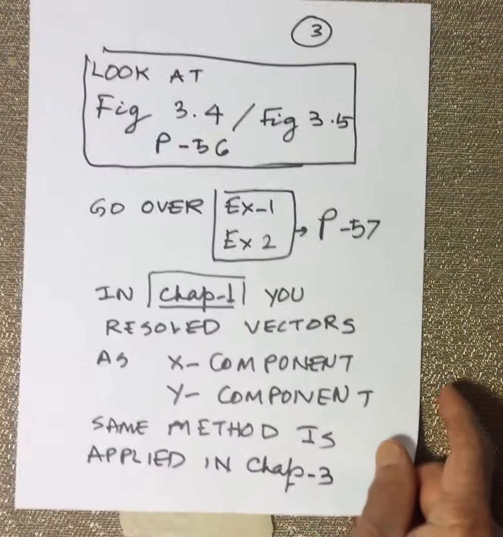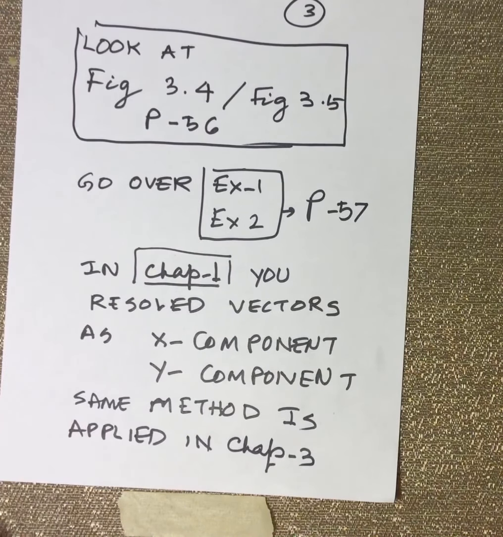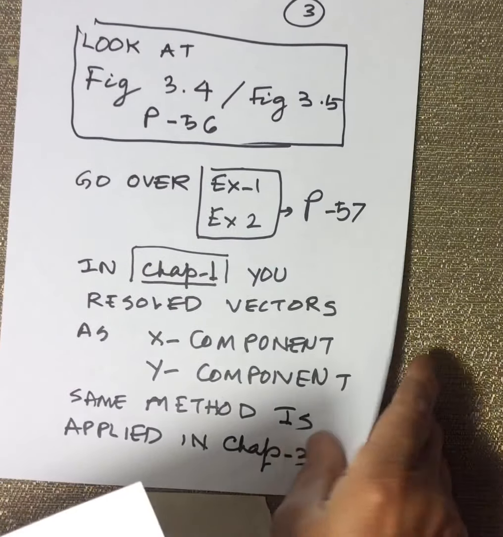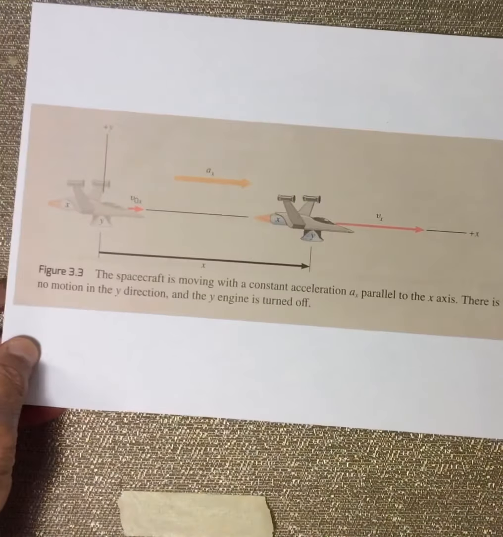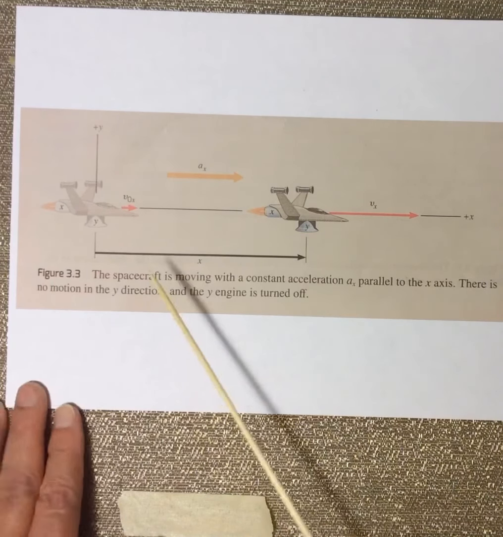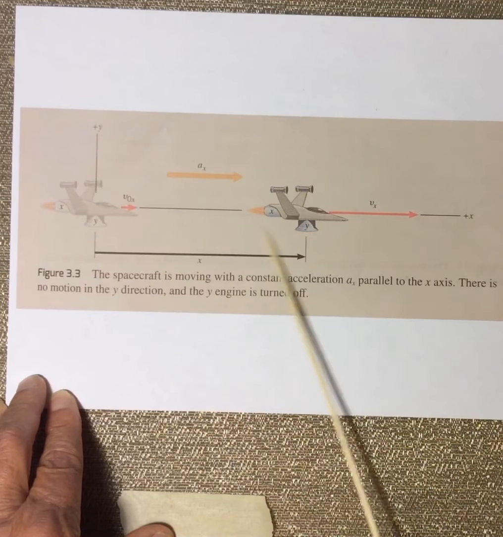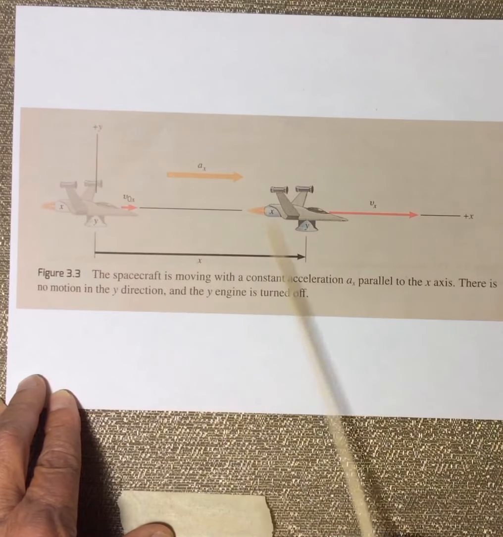Now we're going to go to the next topic, which is 3.3. Now look at this picture you have, where you have no motion in the direction of y, only the spacecraft moves in the direction of x.